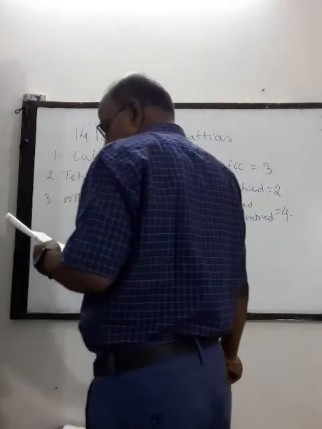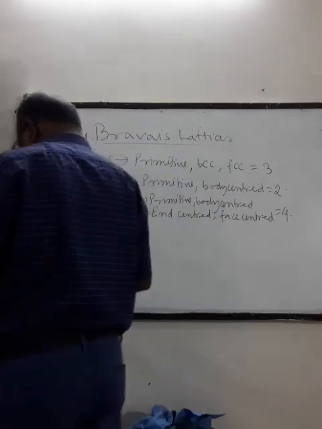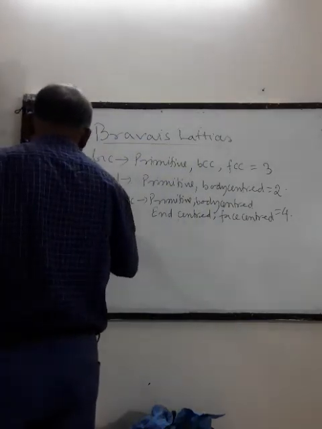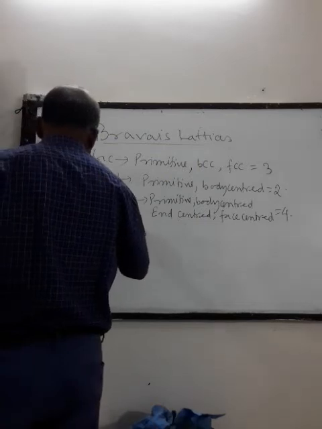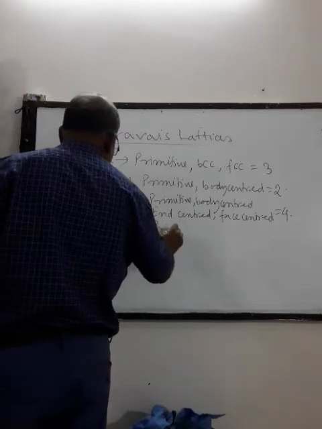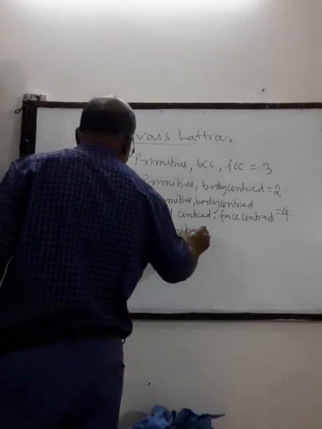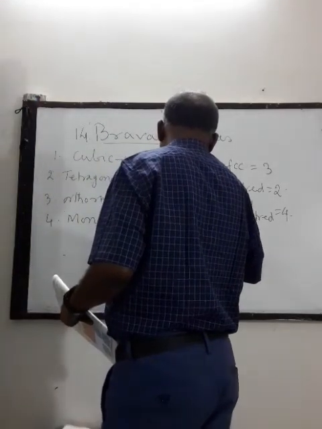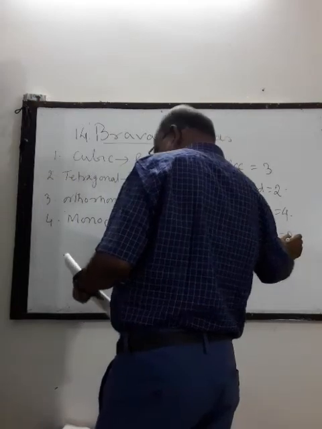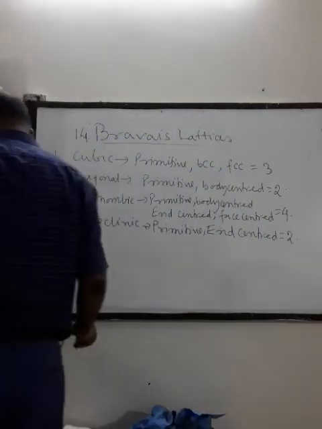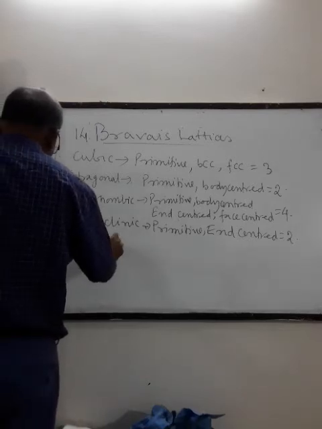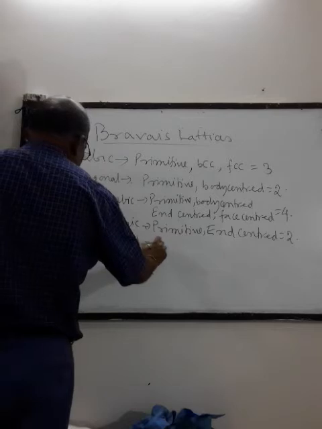Altogether 4. Next we consider monoclinic. Number 1 is primitive and number 2 is end centered. Total 2. Hexagonal, only 1, that is only primitive.